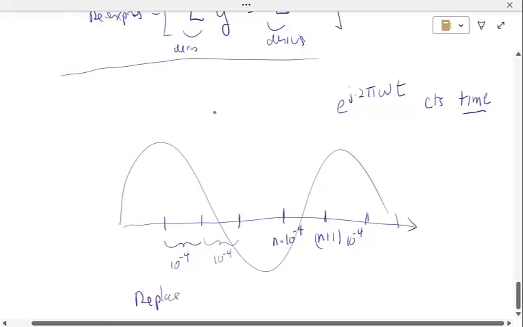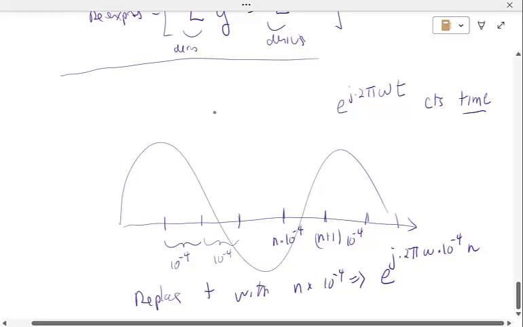So the signals I'm concerned about are e to the j times 2 pi omega times 10 to the minus 4 times n.